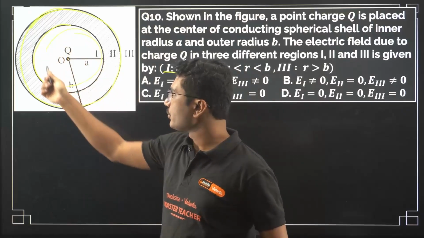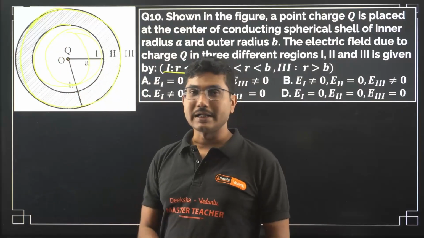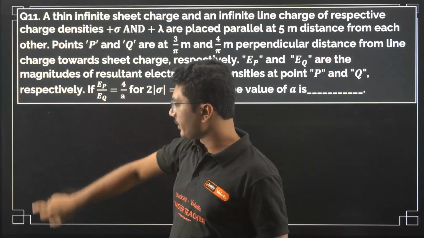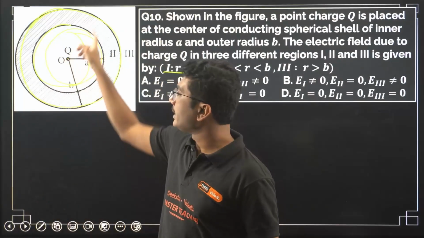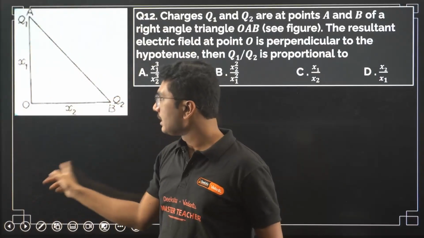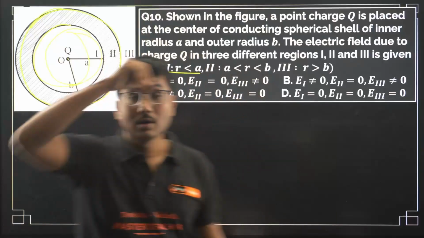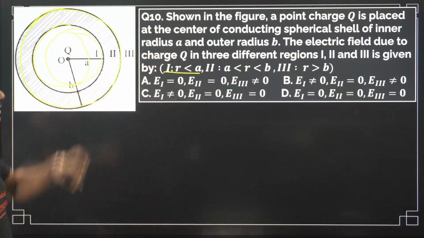You can consider a Gaussian surface, and the electric field will not be zero. But because it's a conducting sphere, the electric field inside a conductor is zero. So the electric field in region 2 will be zero.